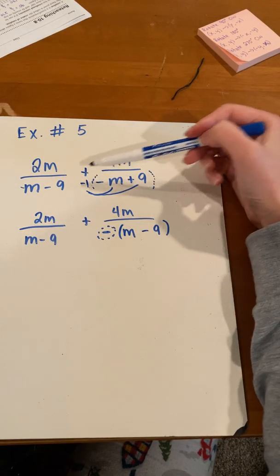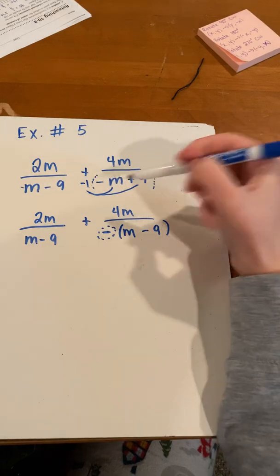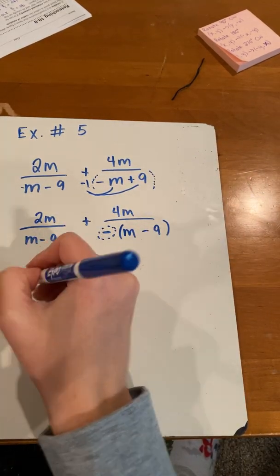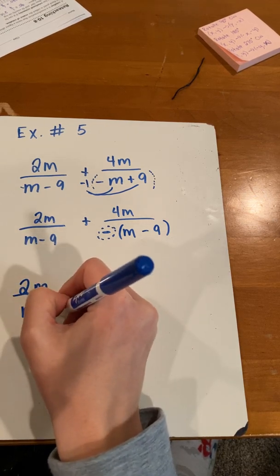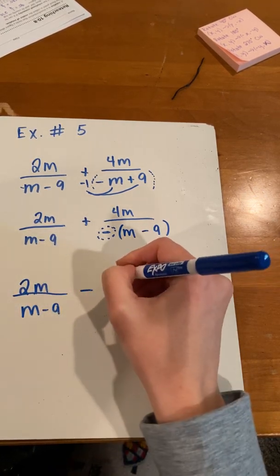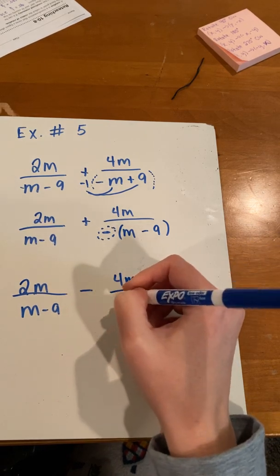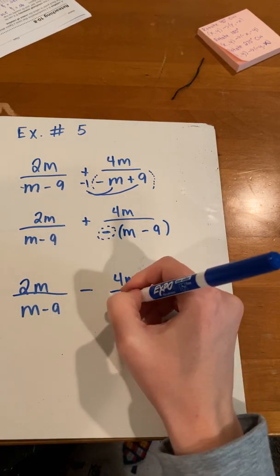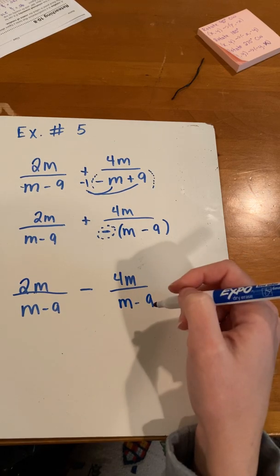So when we were originally adding this, we're now going to add the opposite, which means to subtract your original problem. So now again, rewriting 2m over m minus n minus 4m over, and now I don't have to rewrite that negative sign because I've just rewritten it up here, m minus n, and now I have matching denominators.